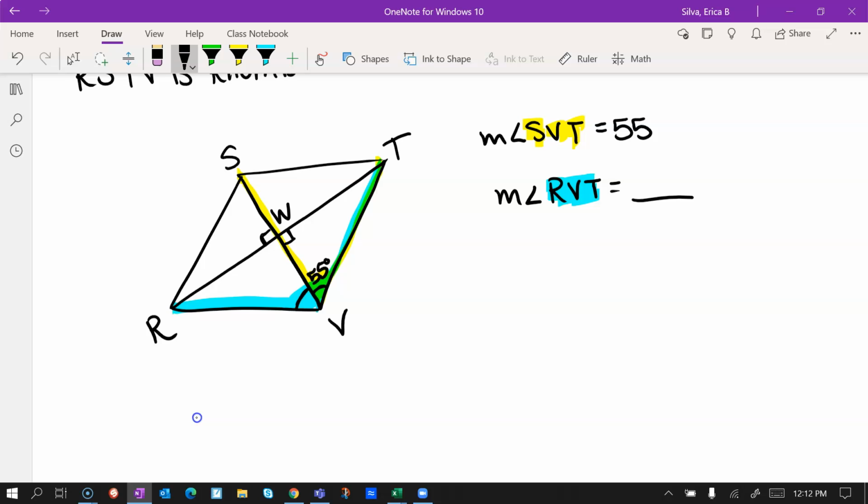They're congruent. They have to be the same. So if we're going to combine both of them, what is that bigger angle going to be? What can we do to 55? Right, we can multiply it by 2 because this is also 55. So 55 times 2 gives us 110 degrees.